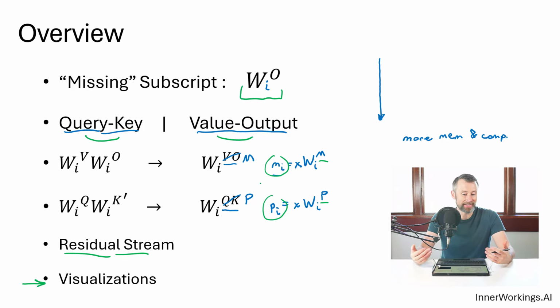So it suggests that it's more like metadata or instructions to the rest of the model. More complex, more interesting, I think, than just updating the meaning of the word. Really, the feed-forward networks seem to be more responsible for changing the meaning of the word.